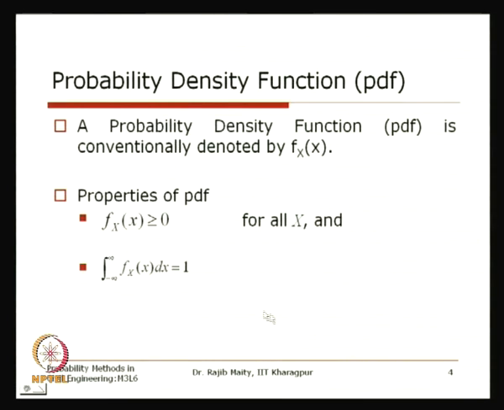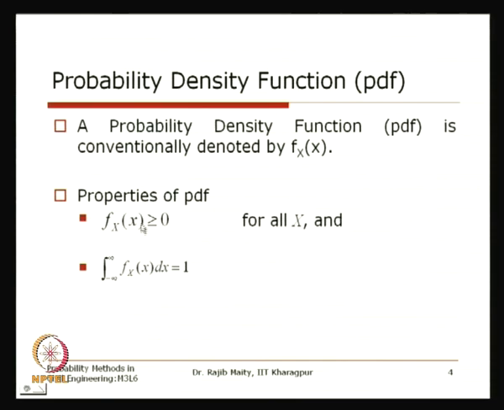Then these are the properties that should be followed to be a valid PDF. A probability density function, as we have seen earlier, is conventionally denoted by f_X(x), where the capital X denotes the random variable, and the small x denotes the dummy variable or the particular value of that random variable. There are two properties that it should follow.